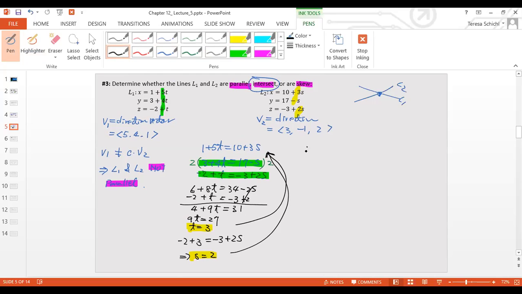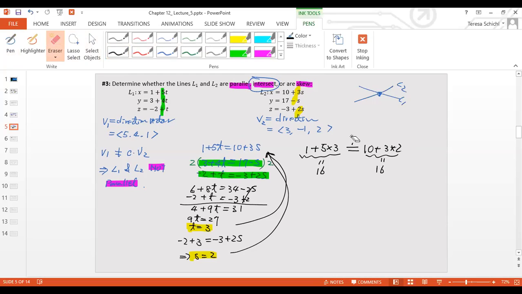So with t, it's 1 plus 5 times 3. So the left-hand side is 16. If this is equal to the right-hand side, it's 10 plus 3 times 2, which is equal to 16. So yeah, they are equal, right?